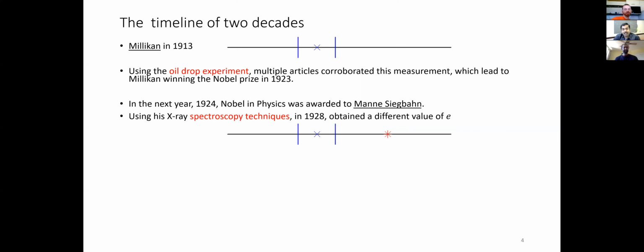Using the Avogadro number, he could get a different determination of e, and he calculated a different number. The number, reported in 1928, was more than 3 standard errors higher than what Millikan reported. The number here is shown in red.